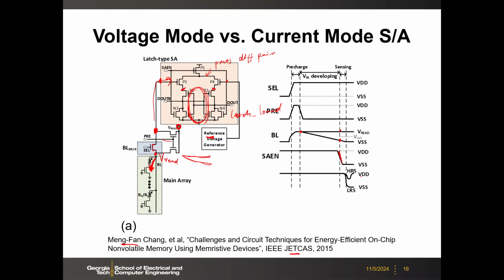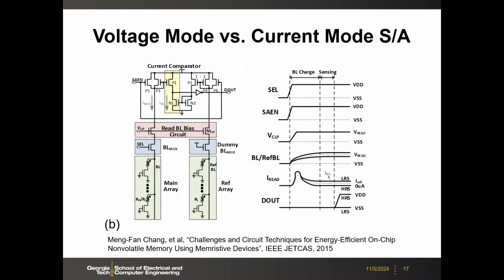Once you turn that on, then depending on the flipping, the output node, the D out, will stay or will flip. So this is how you detect the high and low resistance in this case. Three phases: pre-charge the bitline, then let the bitline decay, and finally you turn on the sense amplifier enable, and then the output node will flip.